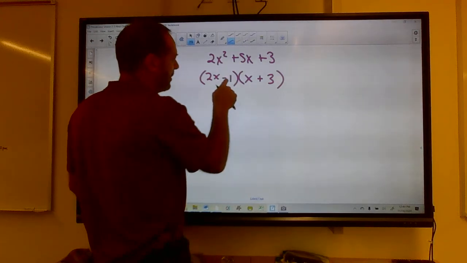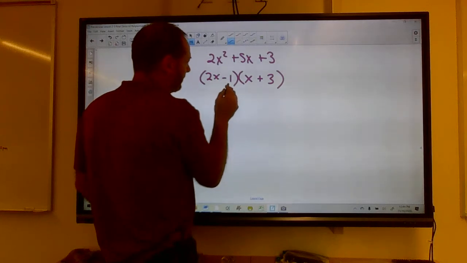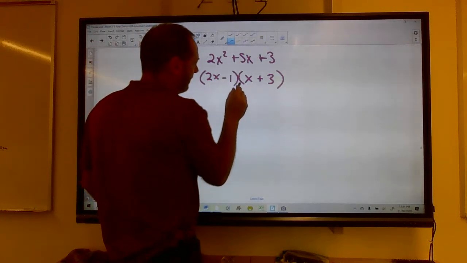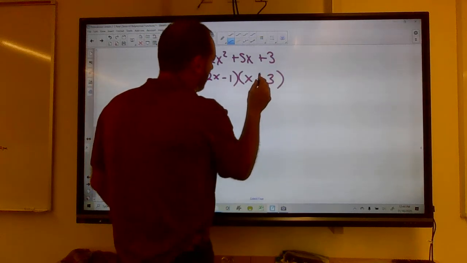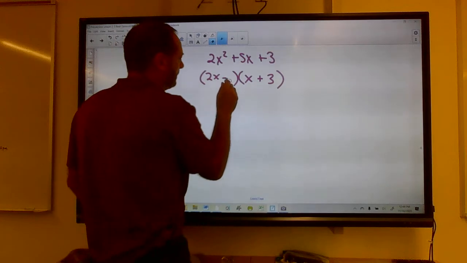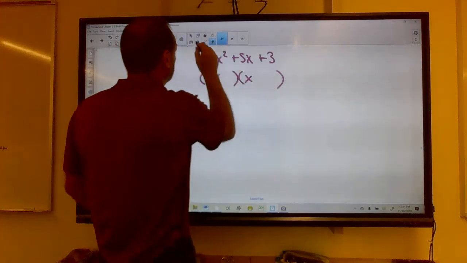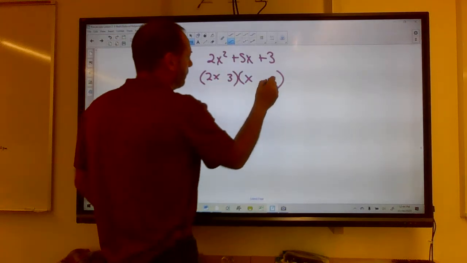But the problem is, I always have to check this. If I'm going to FOIL this, everything works for the middle, but the last one, negative 1 times 3, would be negative 3 here. So that's not going to work. I'm going to need to try this the other way, 3 and 1.